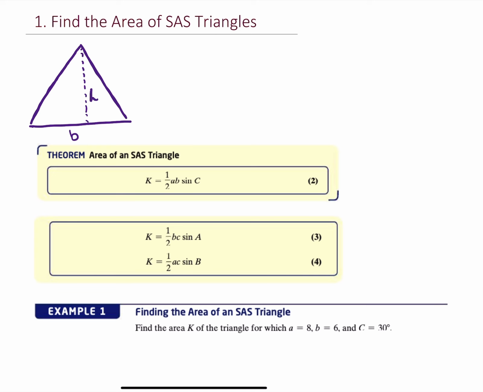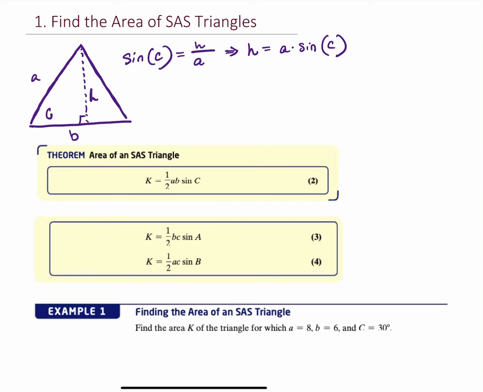Let's call this angle C, and let's call this side length A. So we can say that the sine of angle C is opposite over hypotenuse, imagining this triangle here. The opposite side length is the height of the triangle, and the hypotenuse is A. So if we solve this for H, we can say the height of the triangle is equal to A times the sine of angle C.